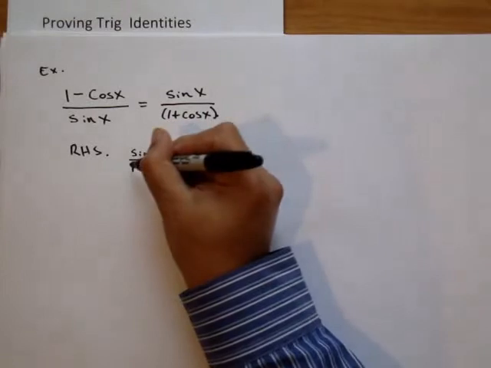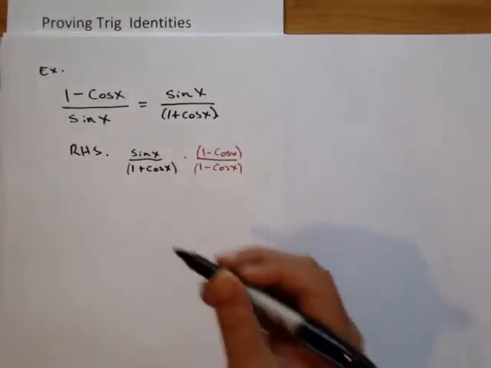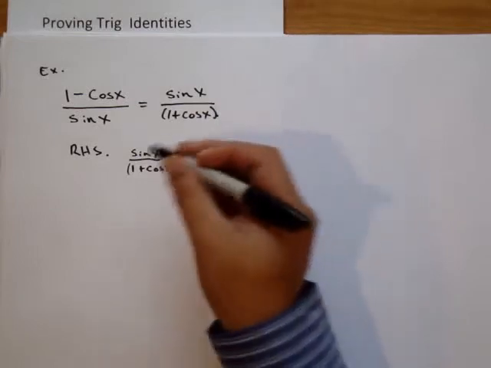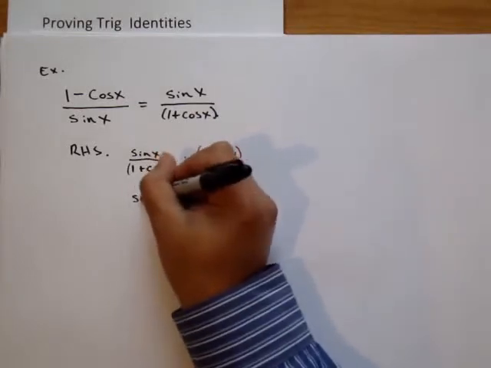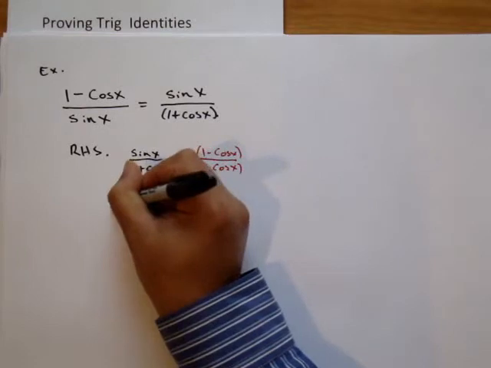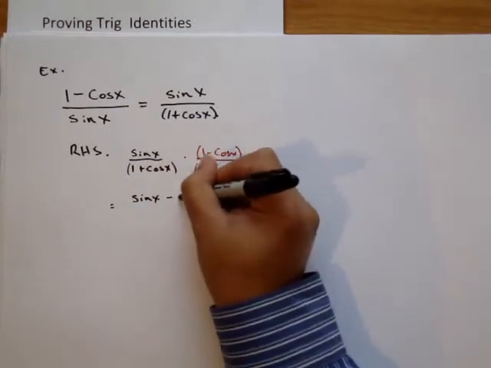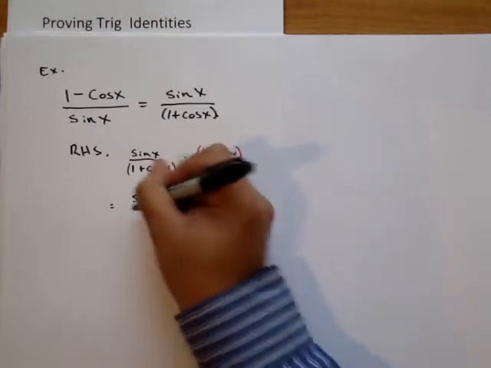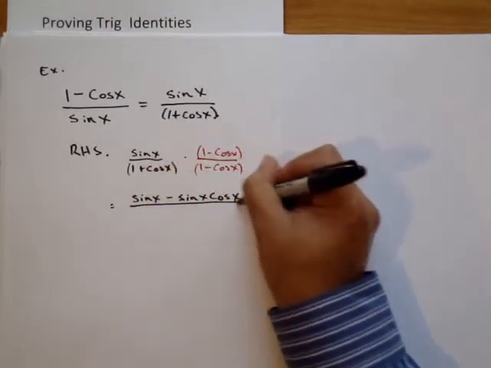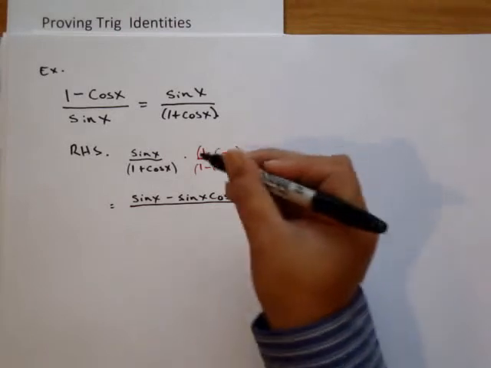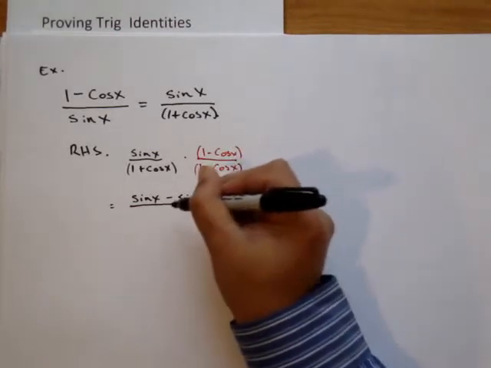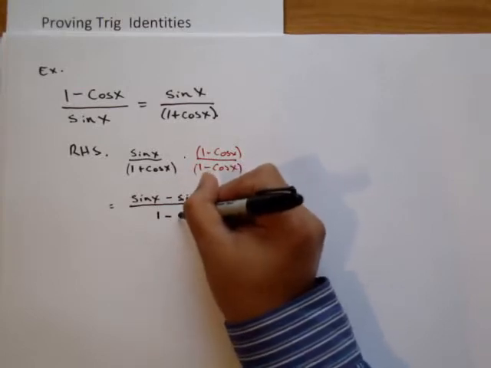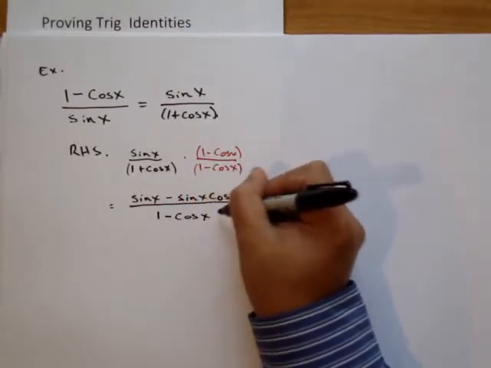When we multiply those two together, we get sin x minus sin x cos x on the numerator, and that's all over (1 minus cos x) squared.